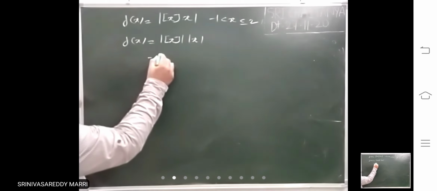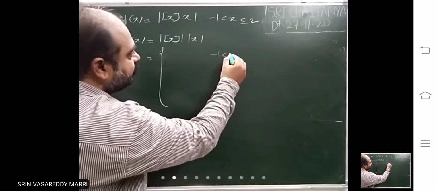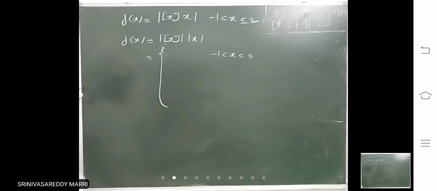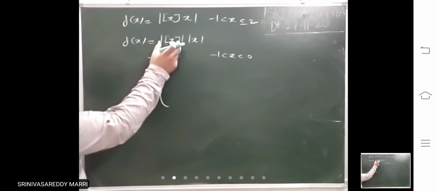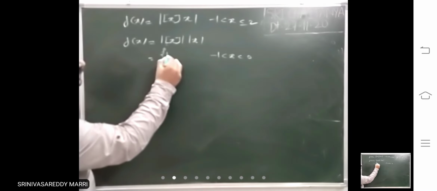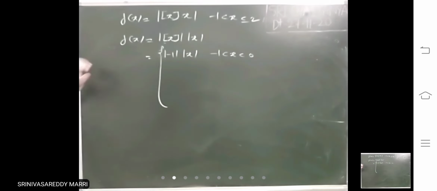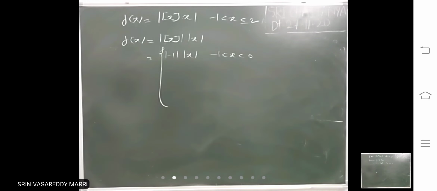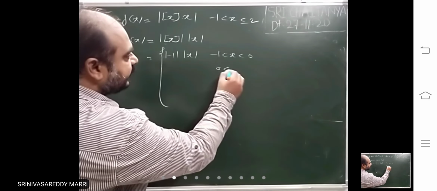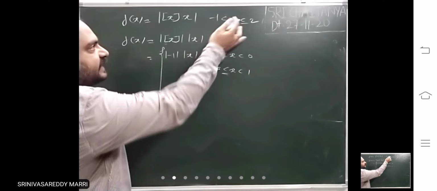How to write the rules: this step x is there, I have told -1 to 0. Here if x lies between -1 to 0, step x value is what? -1. You substitute that rule, this modulus x, keep it like that. This is the definition. So next is 0 to 1. Here no need to write equal to, because he has given in the open interval.